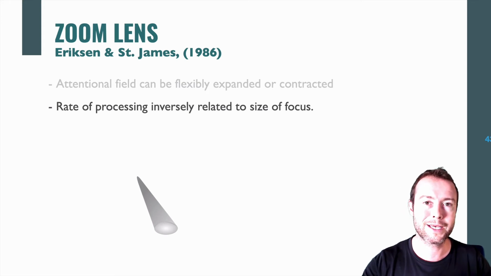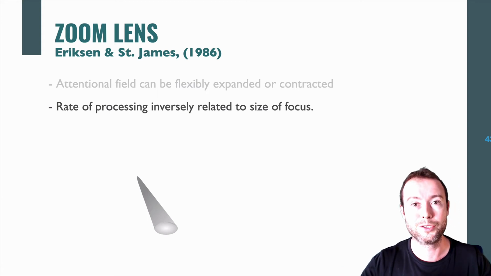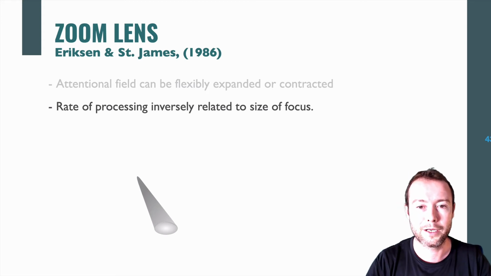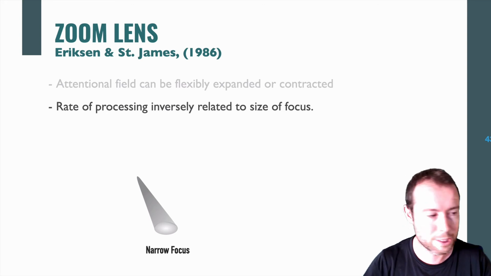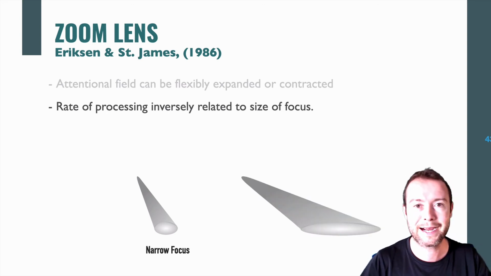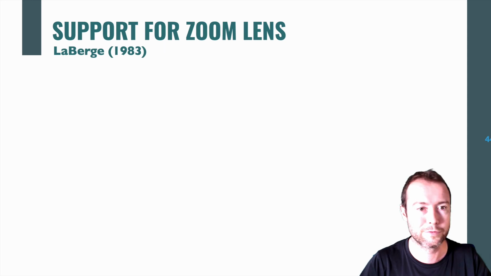But say we then encounter a hazard coming up on the road, it would make sense to flexibly narrow down our visual attention and focus on that specific hazard in front of us in a bit more detail and process that. So again, we have either this narrow focus where we process what's in there at a much higher resolution, or a wider focus.